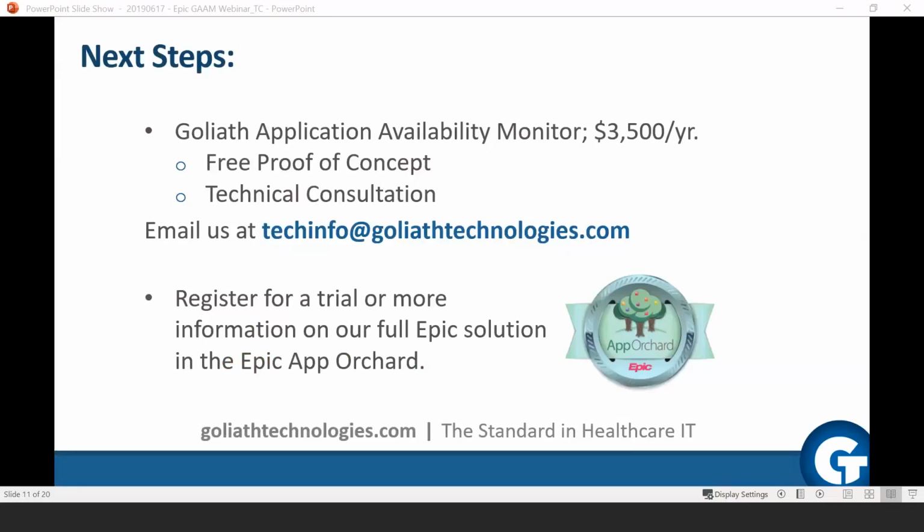So in terms of next steps, feel free to contact us for a proof of concept at techinfo@goliathtechnologies.com. If you're not sure if the technology can have any value at your location, or you'd like to see the full suite of our solution for Epic, as well as Citrix or VMware Horizon, also email us at techinfo@goliathtechnologies.com.